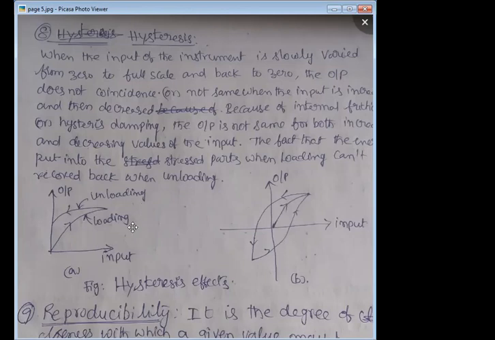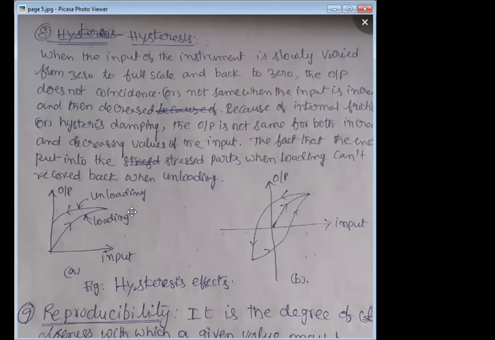But when the input is decreasing, the springs do not compress that much, because the stiffness of the springs does not come back to its actual value when it is decreasing.